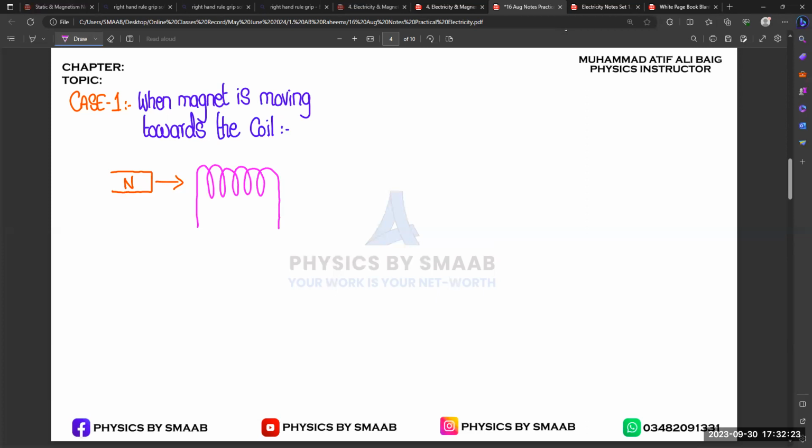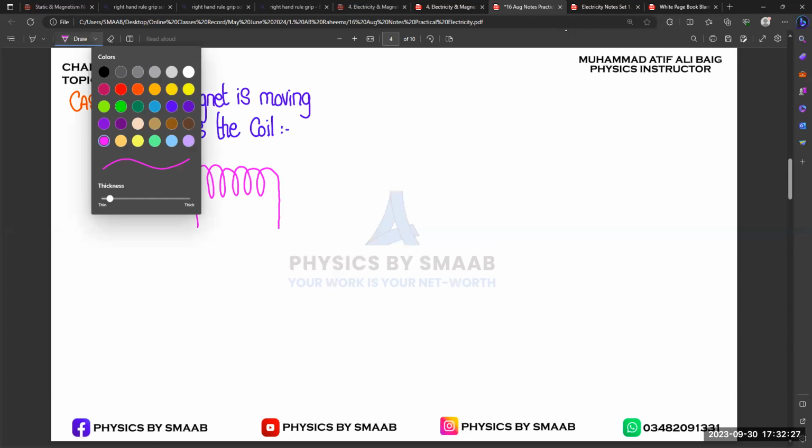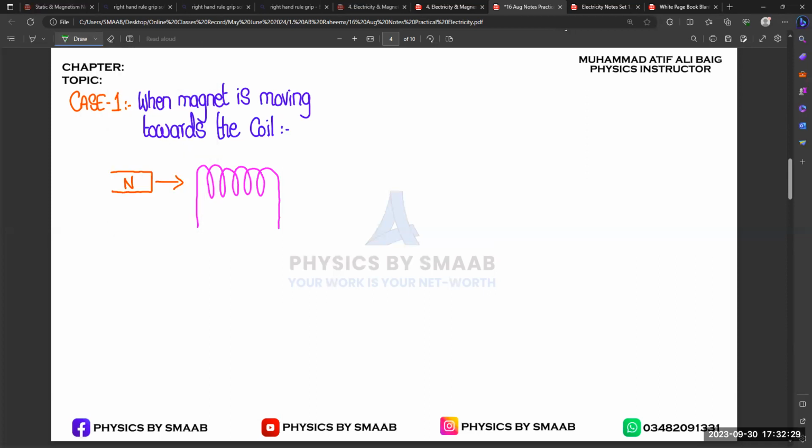right? And let's suppose we connect this coil with an ammeter that shows the value of the electric current. I'm going to draw the direction of the arrow that will indicate in which direction the EMF will be induced, either in the forward direction or in the backward direction.